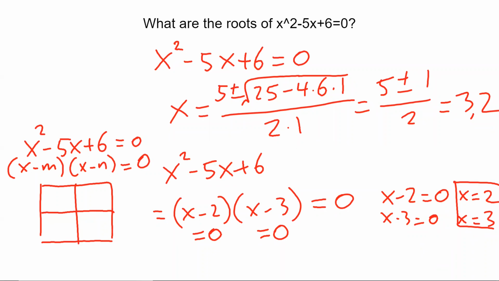So next we are going to try to make the numbers, hang on, m and n are the solutions to the equation. We already found out here that m is equal to 2 and n is equal to 3, which means if you plug 2 and 3 back into the original equation, you would get 0.